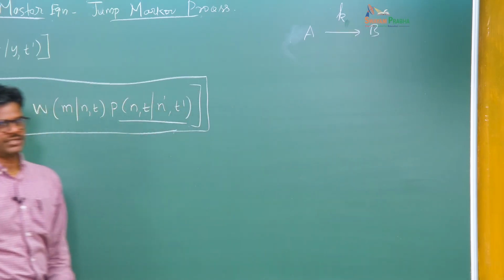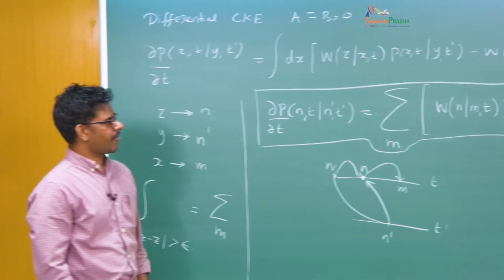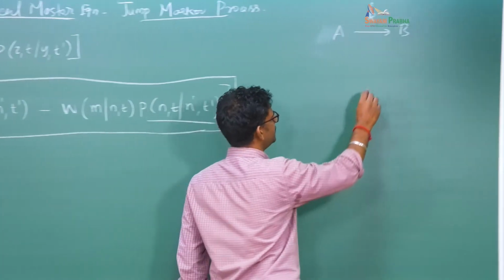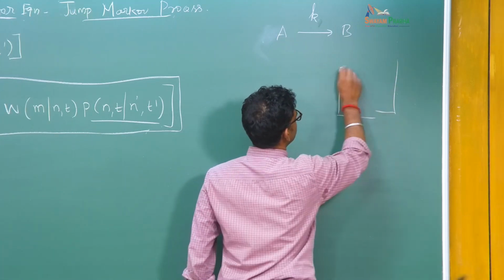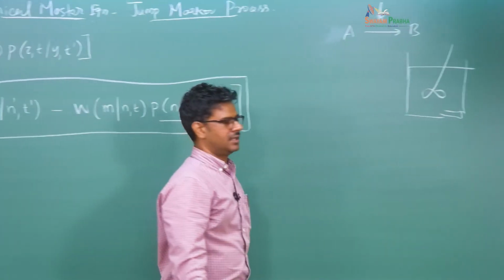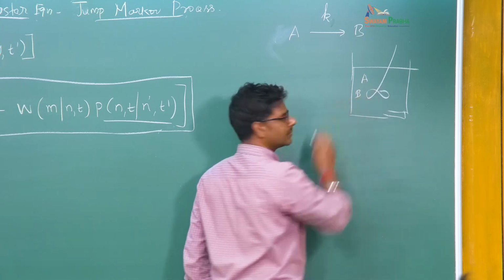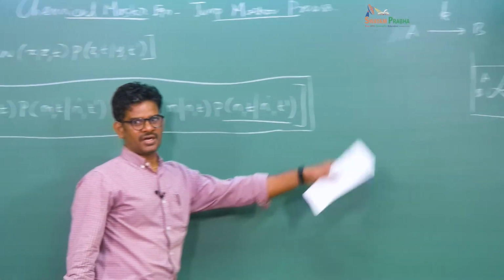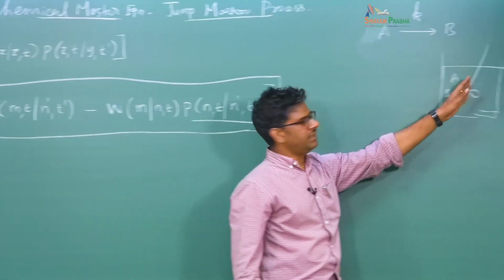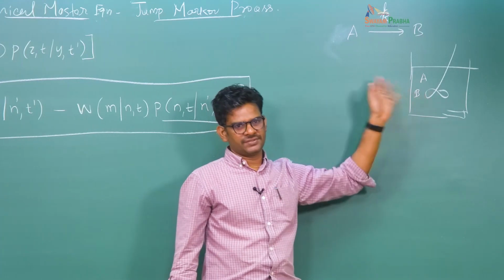The problem we can solve is a first order reaction, A going to B. Let me say this is a reaction vessel, a batch reactor, and I have molecules A and molecules B. These are present, well mixed, in a constant temperature, constant volume batch reactor, and A is reacting to B. Your task is to find the concentration of A and B as a function of time.